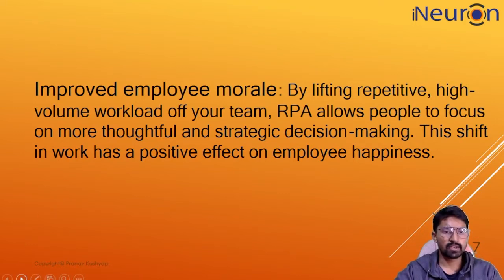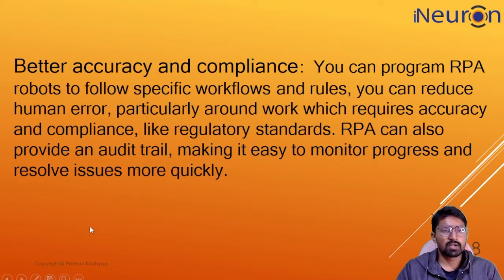Moving to the next slide. The last but not the least is better accuracy and compliance. We can program RPA robots to follow specific workflows and rules. We can reduce human errors, particularly around work which requires accuracy and compliance, like regulatory standards such as GDPR. RPA can also provide an audit trail, making it easy to monitor progress and resolve issues more quickly.